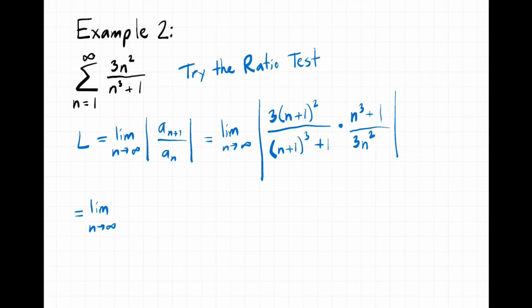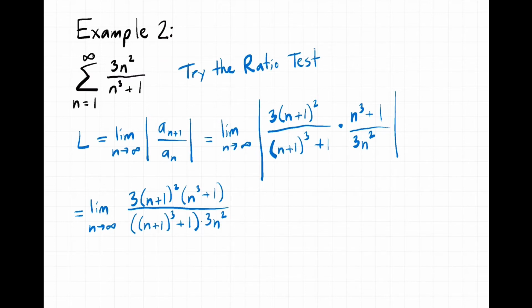And we're going to have 3 times (n+1) squared times (n cubed plus 1), and that will get divided by (n+1) cubed plus 1 times 3n squared.